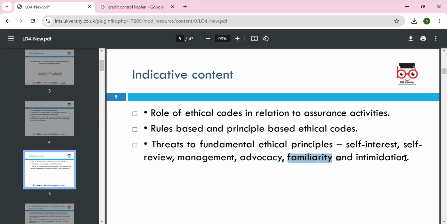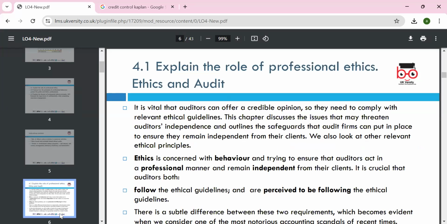Intimidation: if the business says, if you don't pass our audit or you give negative assurance, we're not going to get the loan, and ultimately our jobs can be at risk. In future, you may not get the client fees, and that's intimidation. These can compromise objectivity, and maybe integrity, as you won't be honest in your affairs. So these are all the professional codes of ethics which we look at in the lesson.